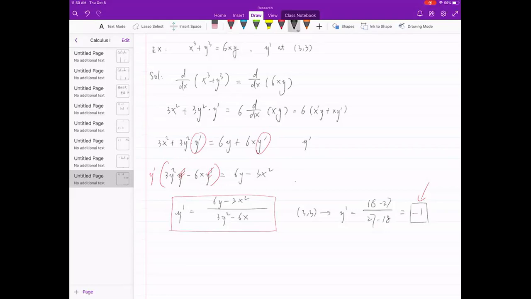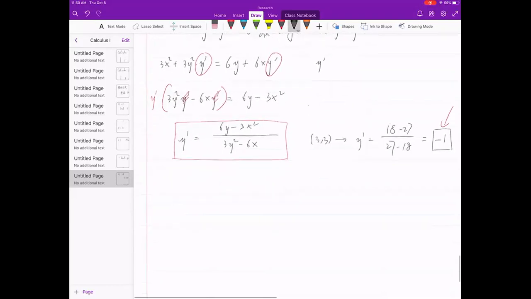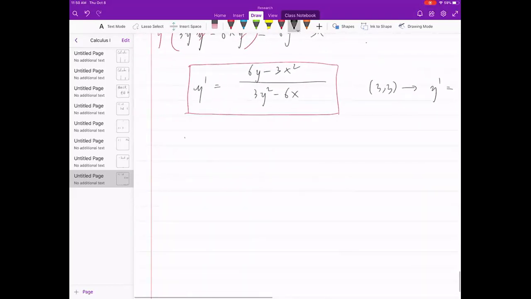Okay, before we try more examples, this thing here we just did has a fun name. It's called the folium of Descartes. To see the shape, let me share my screen.